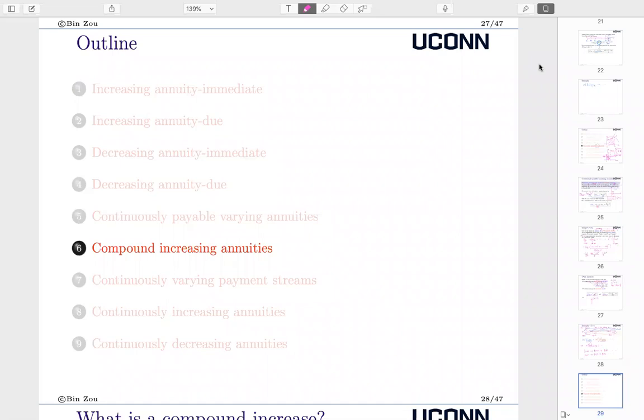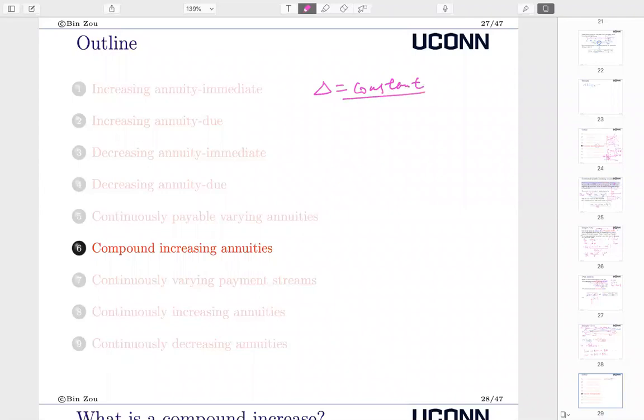We begin a new section in this video. This is quite different from what we did previously in sections 1 to 5. In those sections, the increment is a constant, meaning when we talk about increasing or decreasing, the amount is a constant.